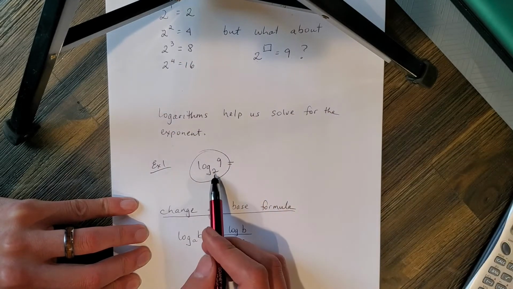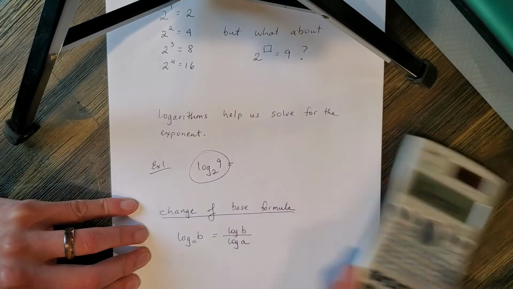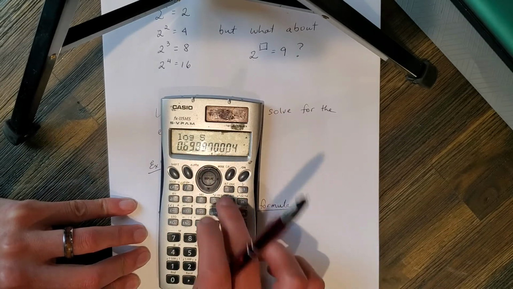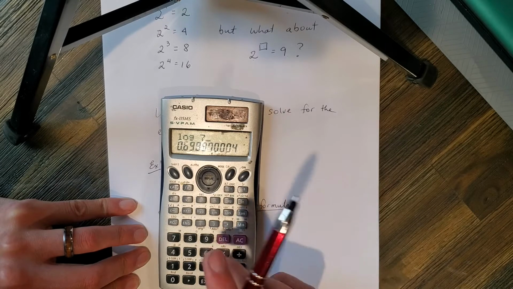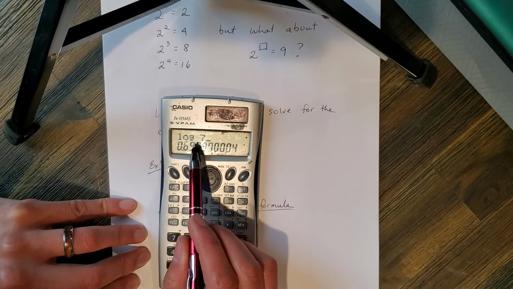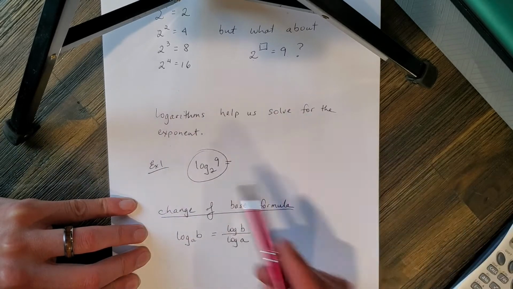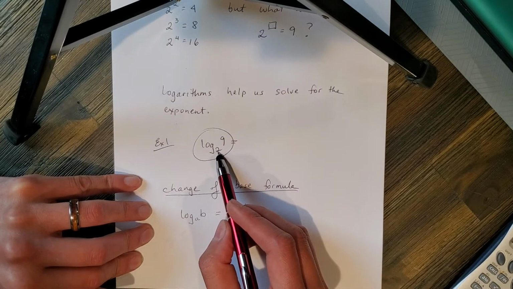Right here, I have a base of 2. Right here, there is no base when I type in log of 5 or log of 7 or log of whatever number. Well, actually there is a base. It's base 10. So if you don't see a base written there, then that means it's base 10, okay? So if there's no base indicated, then it means base 10.